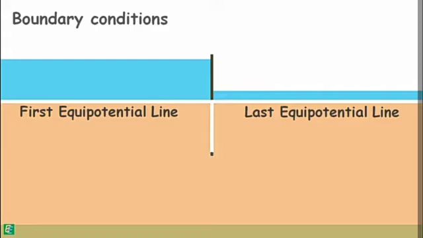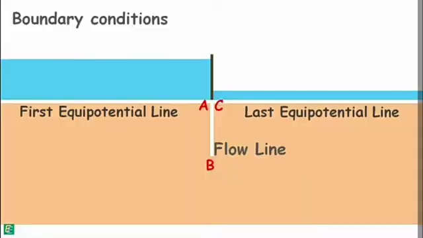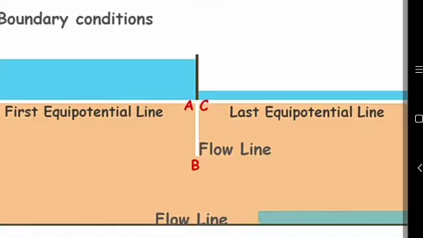Water molecules cannot cross the sheet pile. Flow goes vertically downward, and after passing the sheet pile, it goes vertically upward. The sheet pile surface is also a flow path, so this boundary ABC is a flow line. The fourth boundary is the impermeable surface. The water molecules cannot cross it, so this is also a flow line.